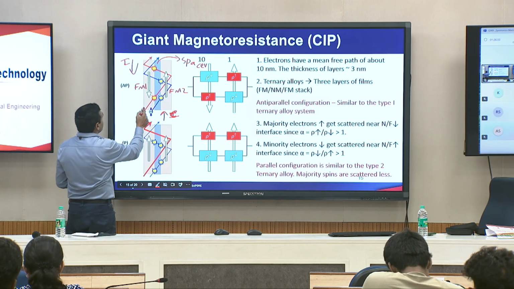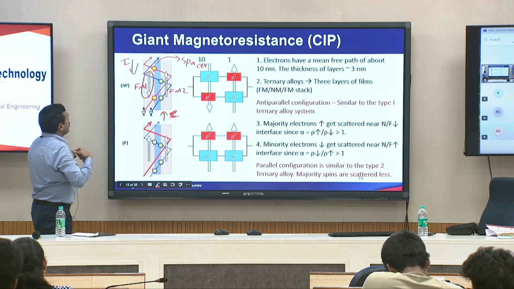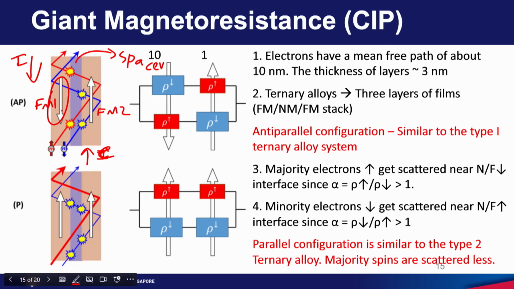So, now as far as this ferromagnetic layer is concerned, let us say you have these two electrons. This electron is minority here. In this layer, the magnetization is anti-parallel to this electron, so this is minority. So, this electron will get scattered here at this interface of this particular magnetization.